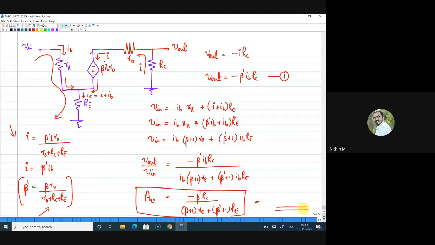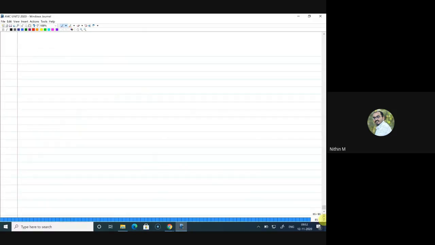Right. Now, can you tell me what is the input impedance for this circuit? Input impedance is the impedance measured at the input side, and we have already written the equation here. This is the equation we already have, because V in by IB will give you the input impedance, but you have to take that in parallel to the previous resistance that we omitted. Yes, Rajat, that is right. So input impedance Zin is not only R pi, Rajat.